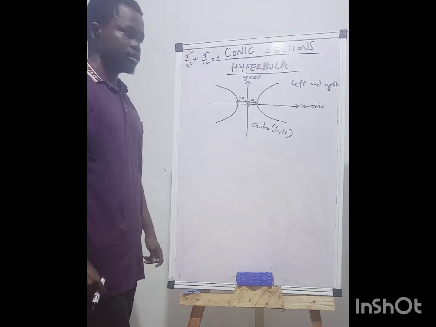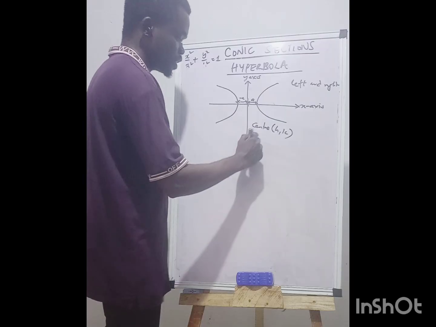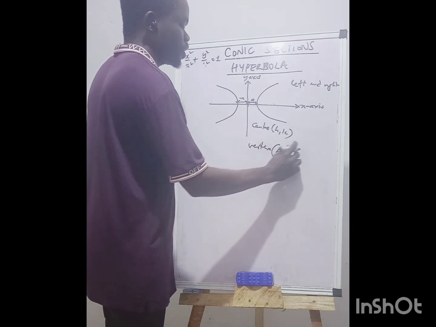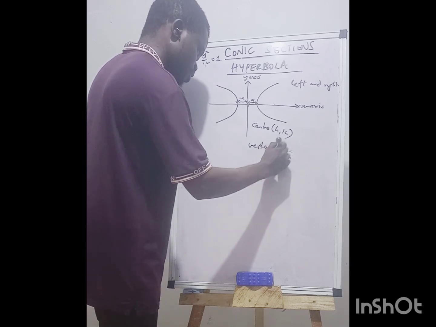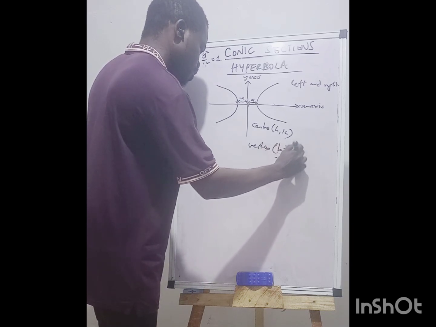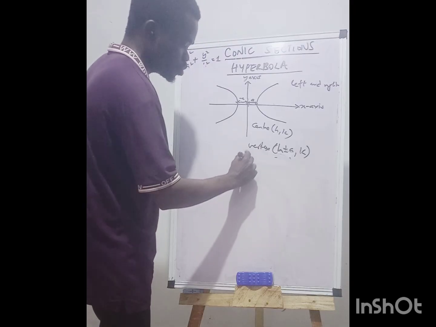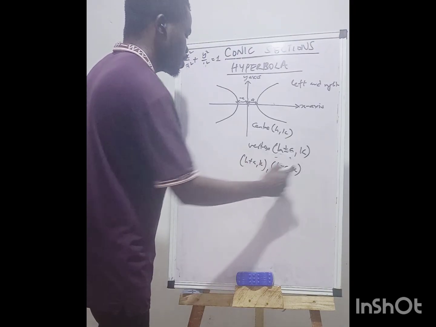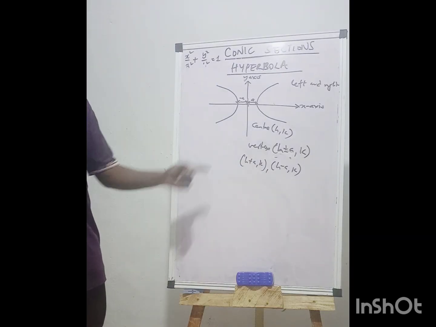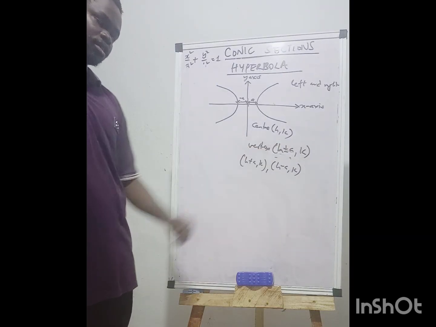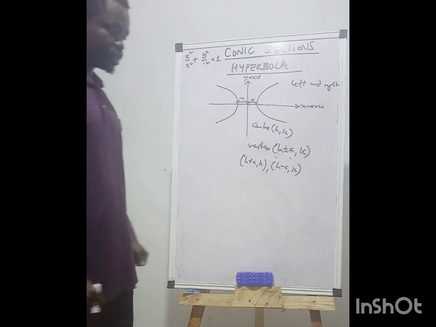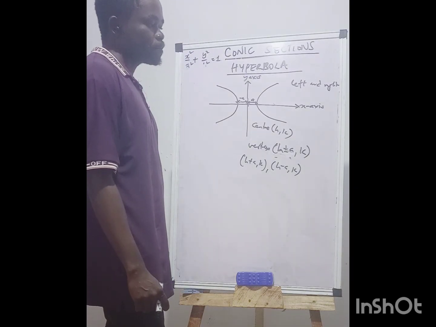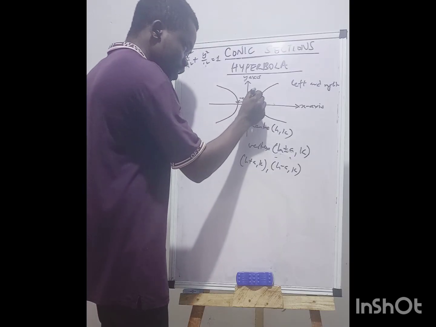So the vertex is h plus or minus a, k, which means these are two: h plus a, k, and h minus a, k. That's for this point and for this point.